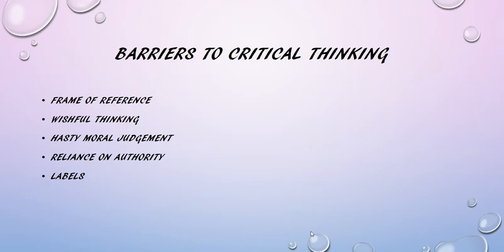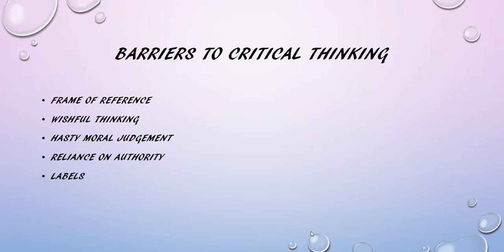Reliance on authority. We seek out expert sources. We want authorities and institutions to think for us. And it blocks our own ability to question, reason, and investigate the solutions that are out there.